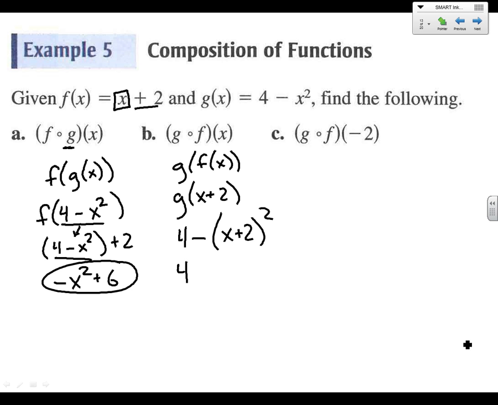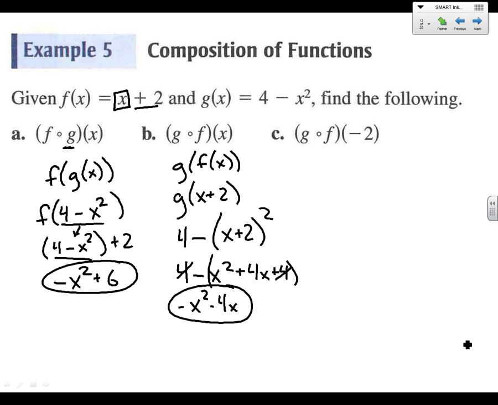So this is 4 minus, and I'm going to leave it in parentheses so we remember to distribute that negative, x squared plus 4x plus 4. I FOILed to get that answer. And so we'll say 4 minus 4, because the negative distributes. We'll end up with negative x squared minus 4x.